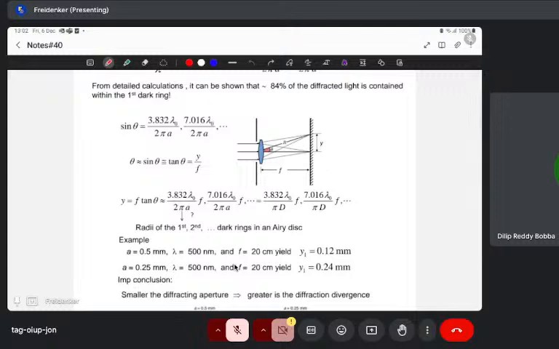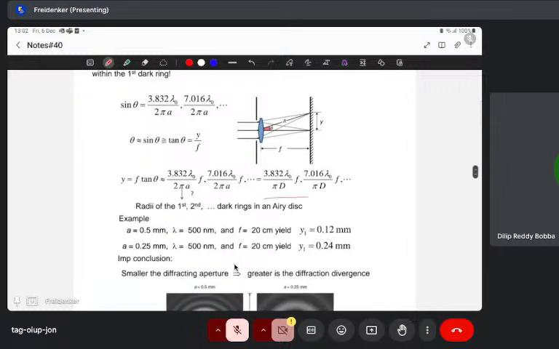In Young's double hole experiment, we got xn, right? So similarly, they got their y. Do you have to remember this? I have no idea. Maybe no.